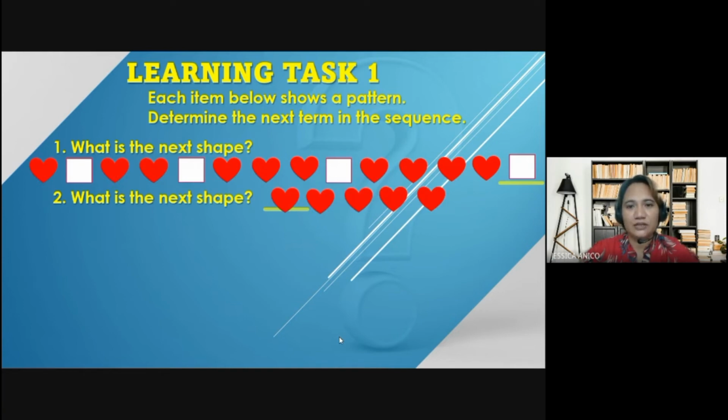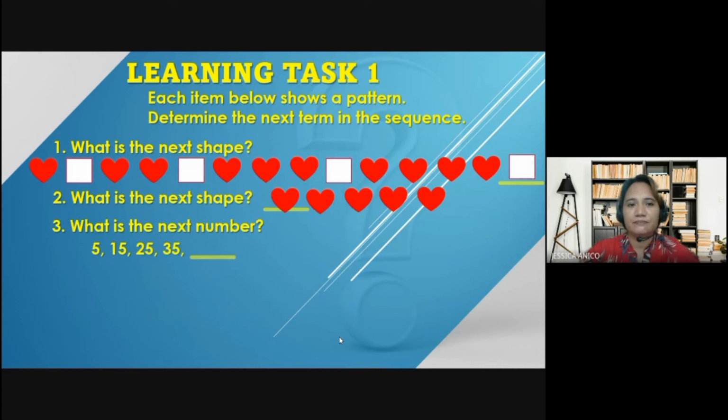So, total ng 5 hearts kasunod ng huling square sa sequence na meron sa sample number 1. Okay. Ang sequence po natin is nagsimula siya sa isang heart, but after a square, nadadagdagan po yung bilang ng mga hearts. So, from 1, naging 2, naging 3, naging 4, and naging 5 after every square. So, that is the pattern of the given sequence.